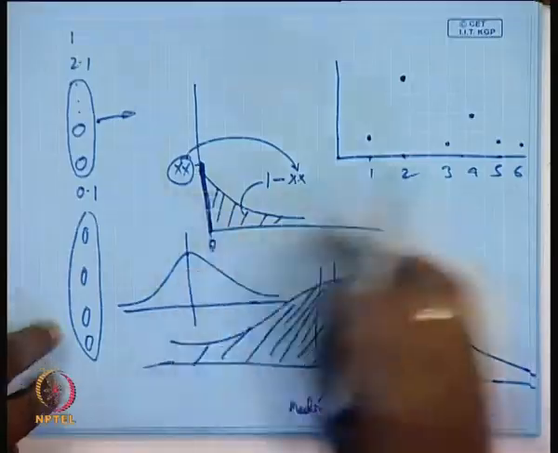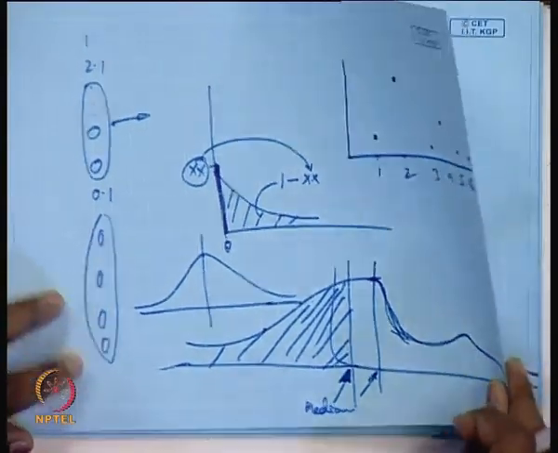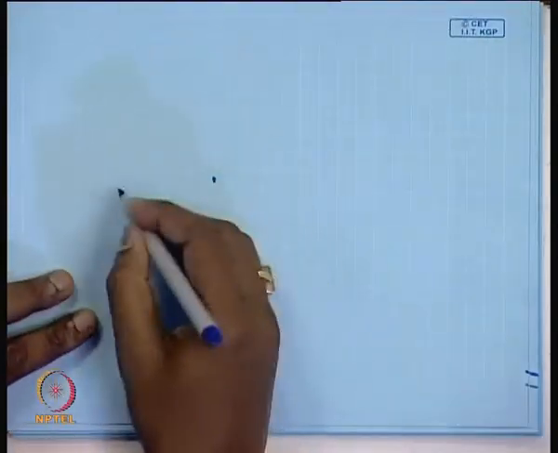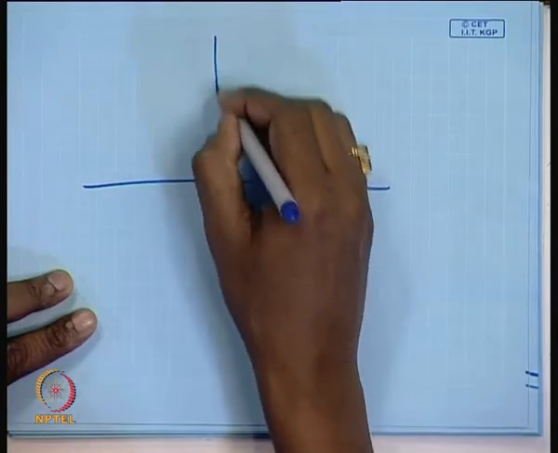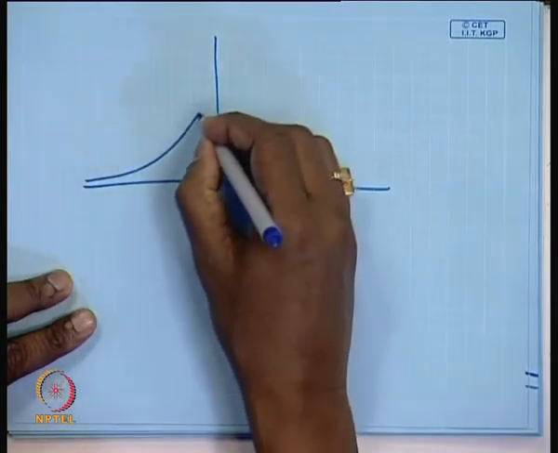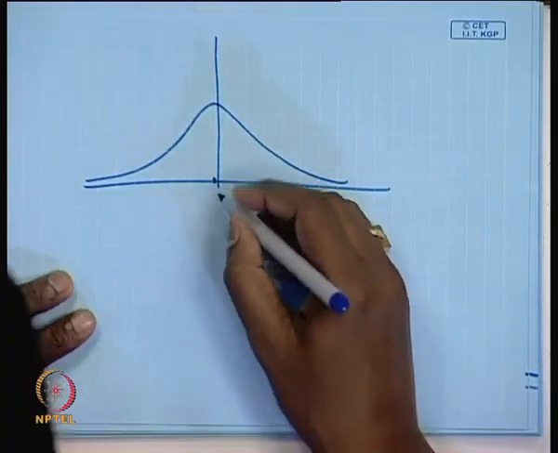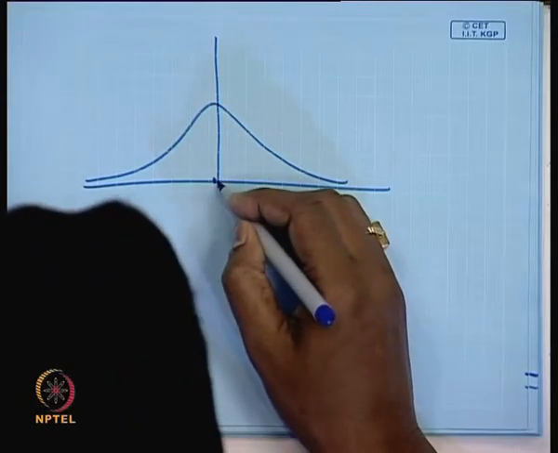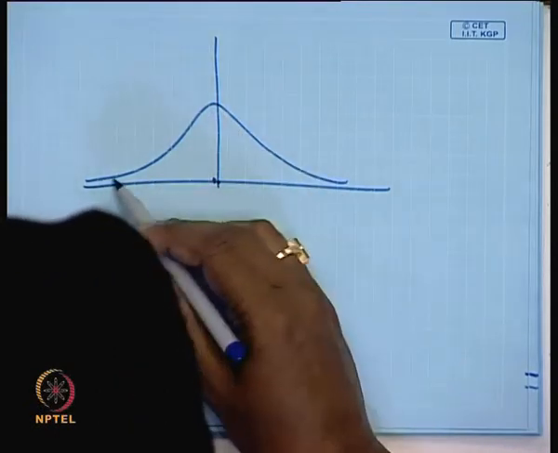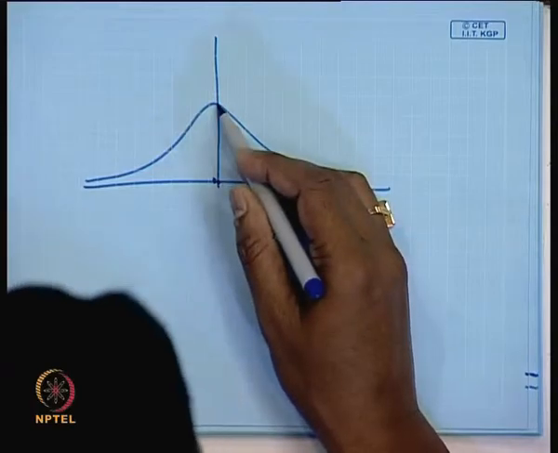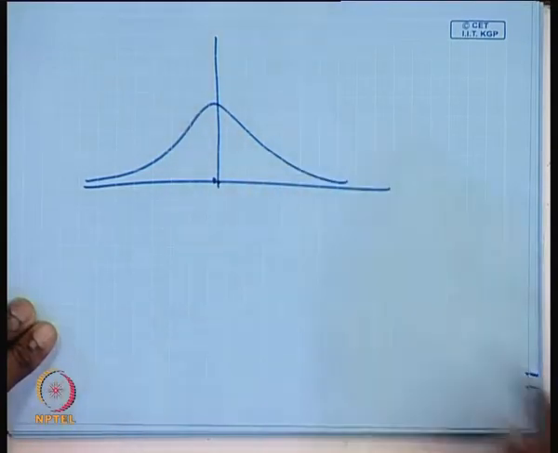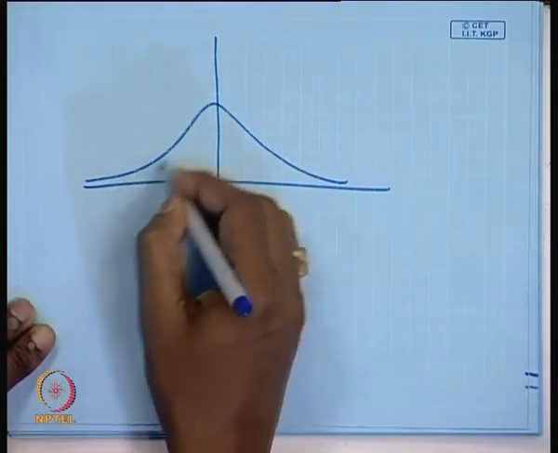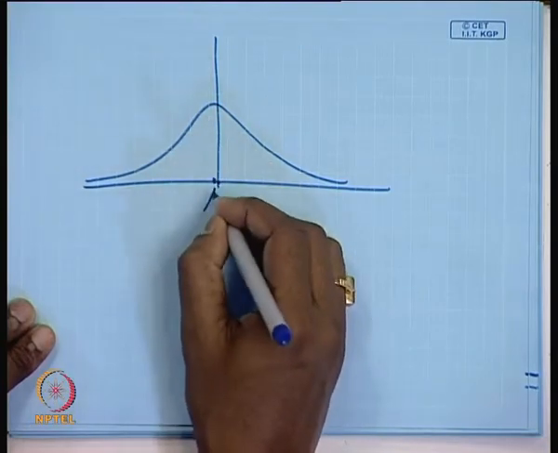Now, what about the normal distribution? When we say this is a normal distribution, it is completely symmetric and has some mean here. Exactly at the point where it touches the peak, because of the symmetry, it covers a total area of 0.5. So this is your mode.